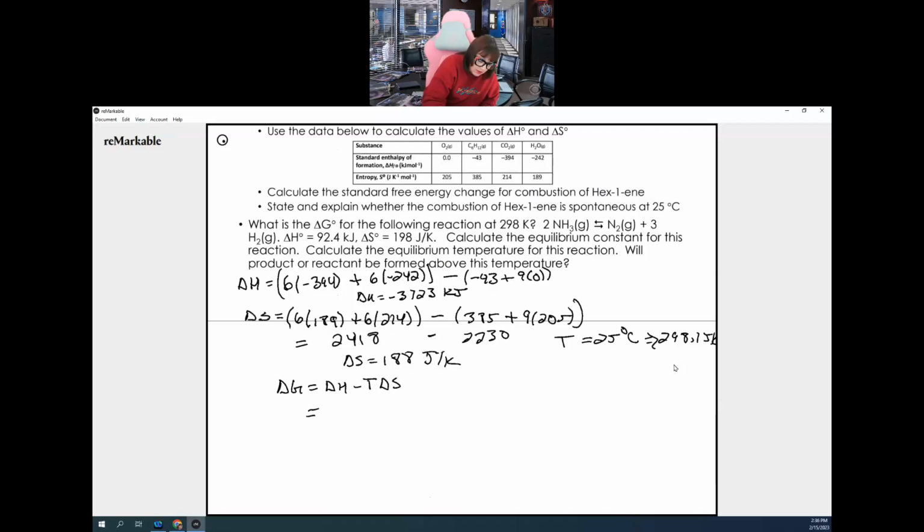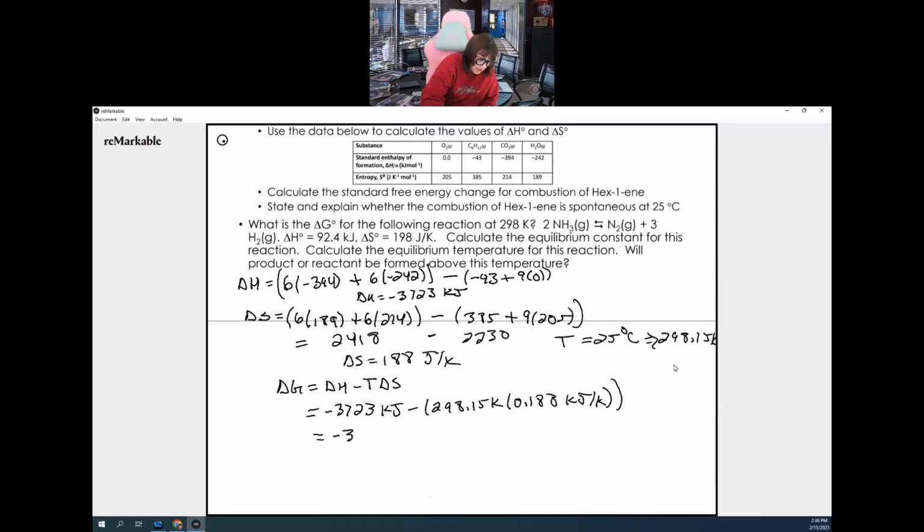So my delta H, negative 3723 kilojoules, minus 298.15 Kelvin times, and I'm going to take the 188, divide that by 1,000, 0.188 kilojoules per Kelvin. Multiply that by the 298.15.